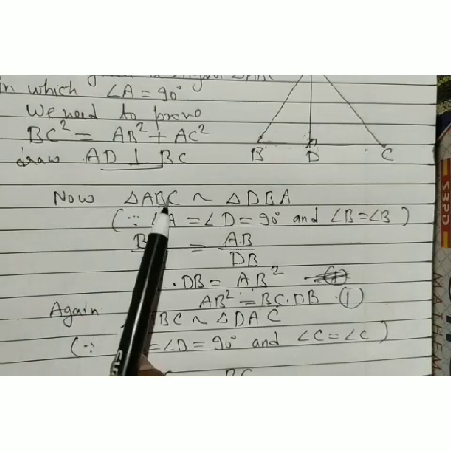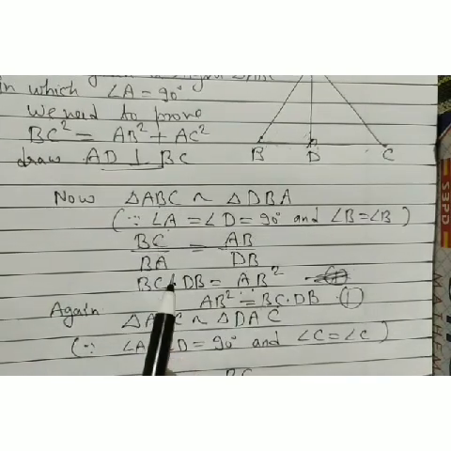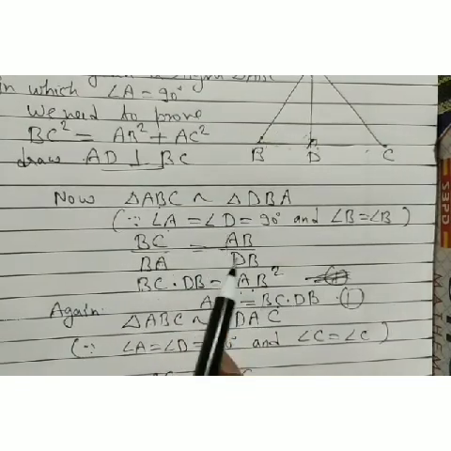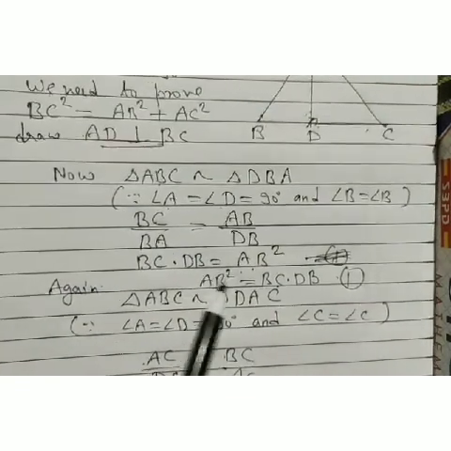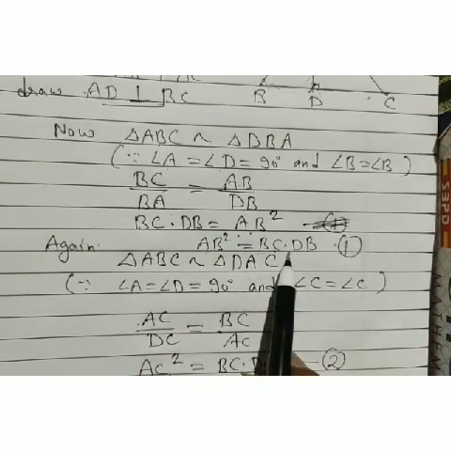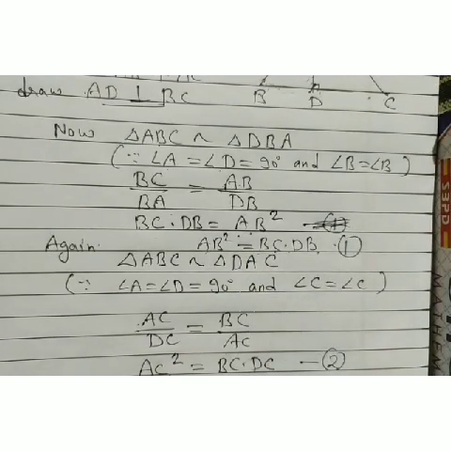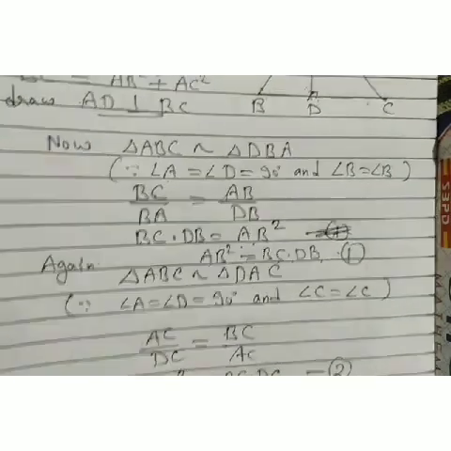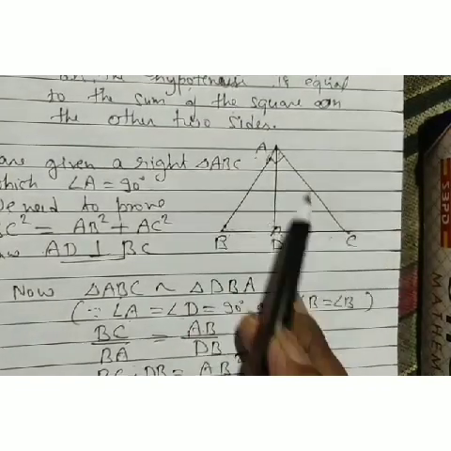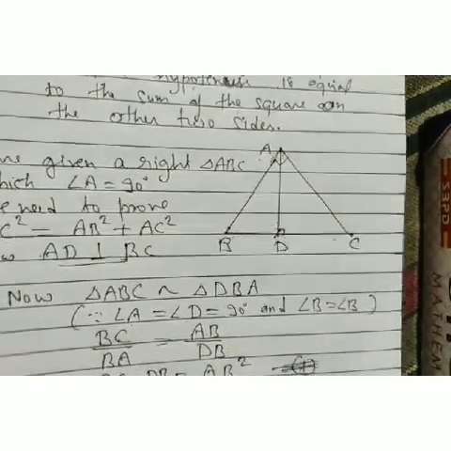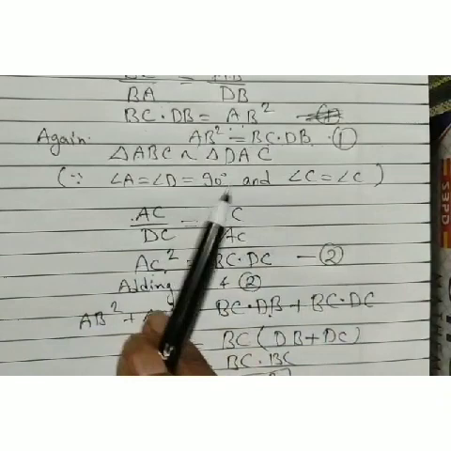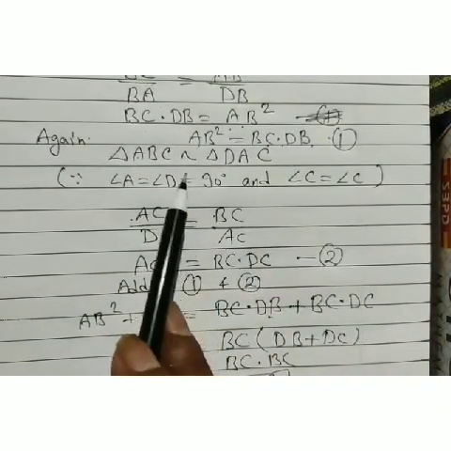Then since triangles are similar, their sides are in proportion. Then we have BC upon BA equal to AB upon DB. After multiplication, we get AB square equal to BC into DB there. Now again we take the complete triangle ABC and the other part, triangle DAC. Then we show these triangles are again similar to each other. How?